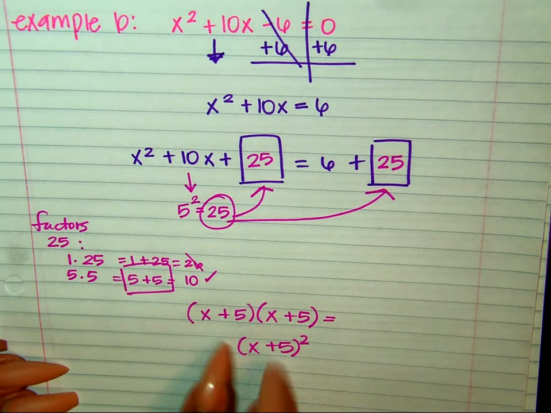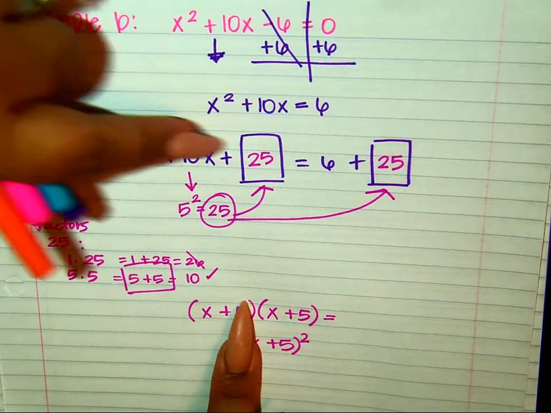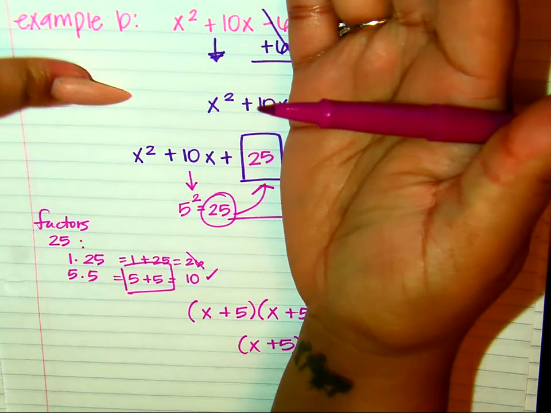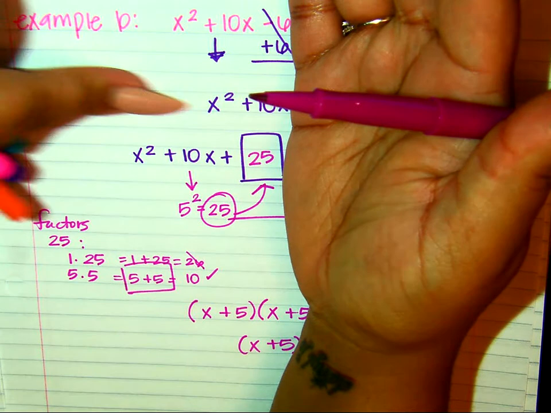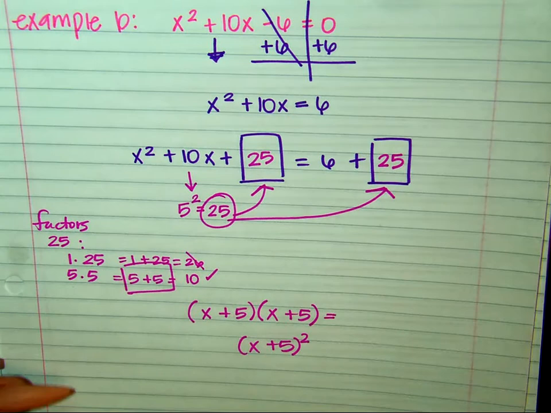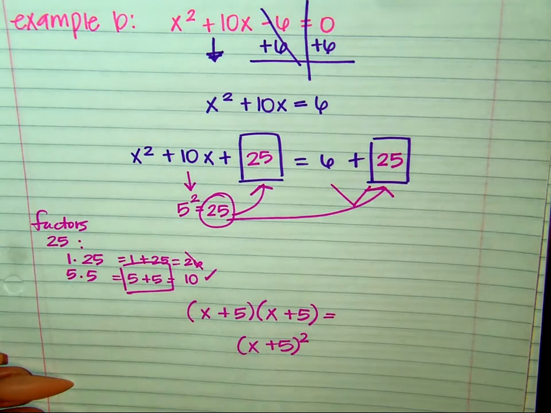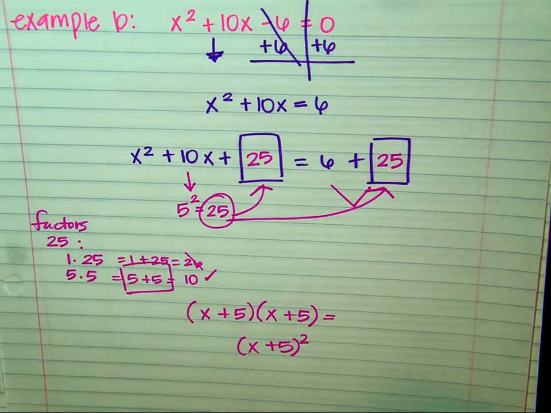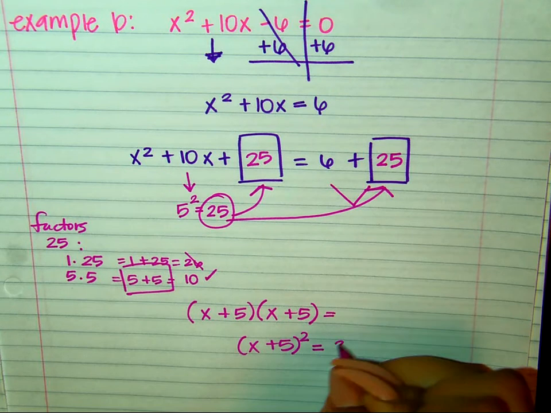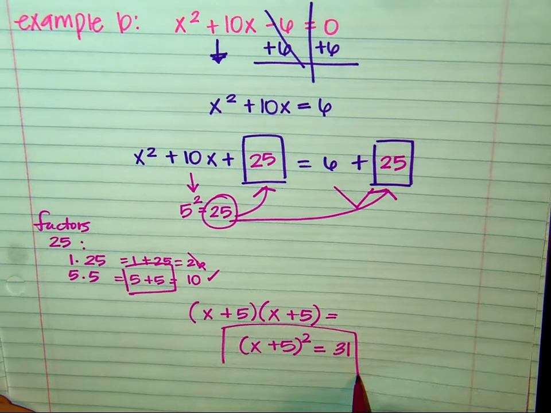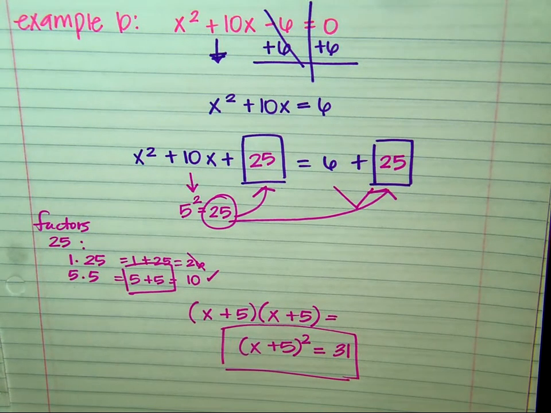And we know that this right here equals this part of the situation, okay? Now, what happens? We are going to add these two numbers. 6 plus 25, that gives us what? 31, and boom. That's what I want to see.